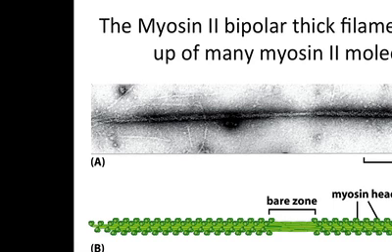And that's how the bipolar thick filament forms. So these are hundreds of myosin heads, and they're oriented in opposite directions. So they walk in opposite directions. And they use ATP hydrolysis to walk to the plus end of the actin filament, and they slide pairs of actin filaments past each other. So that's contraction, right?